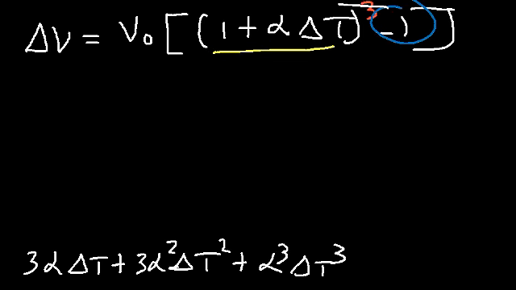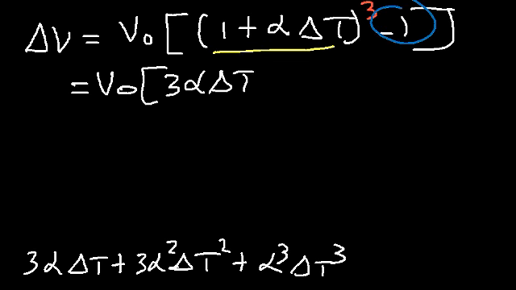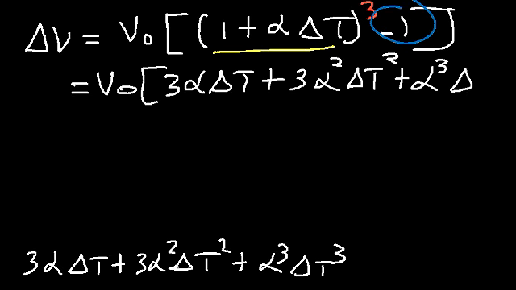So we can replace this expression with 3 alpha delta T plus 3 alpha squared delta T squared plus alpha cubed delta T cubed.